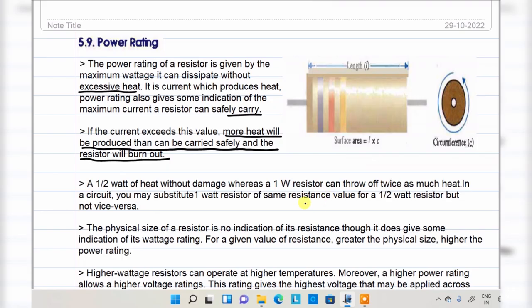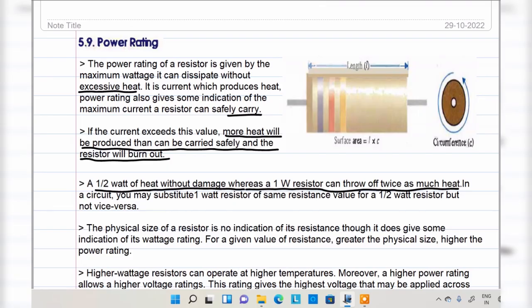With the help of an example, we'll see. A 1/2 watt resistor handles that heat without damage, whereas a 1 watt resistor can throw off twice as much heat. For example, if you replace a 1/2 watt resistor in the circuit with a 1 watt resistor, there is no problem.